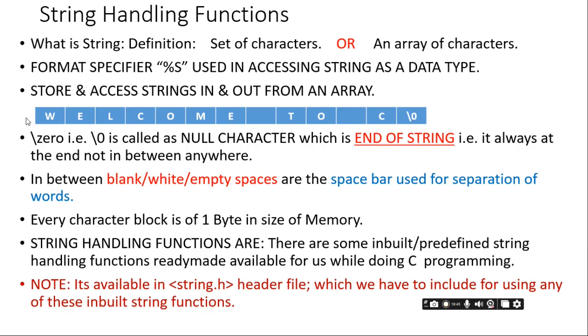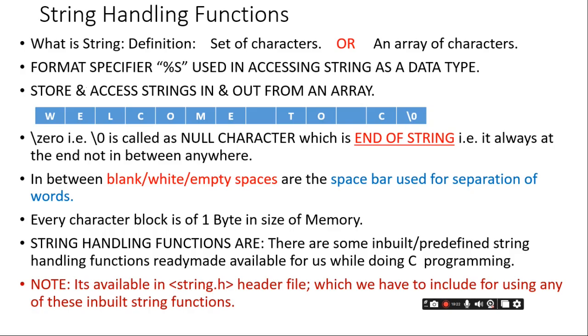So if we want to calculate how much memory is required, we count the word length or sentence length, that is the set of characters including the null character. The total size of memory will be allocated by the processor when we create char, array name, and array size. Clear?